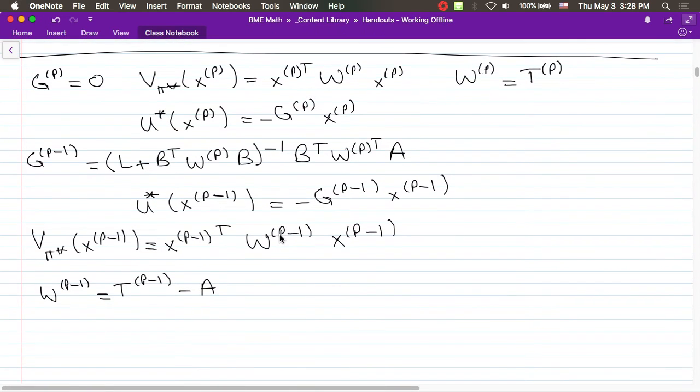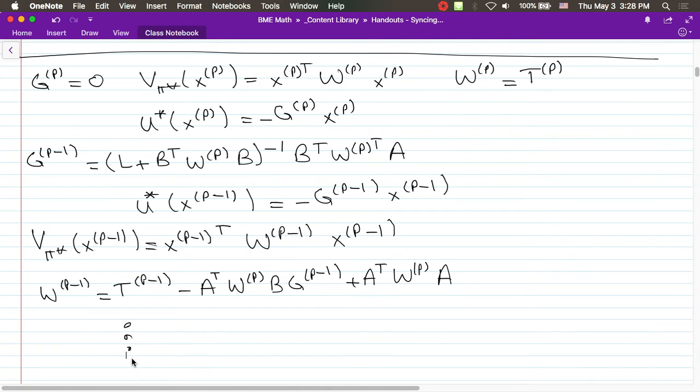I'm just going to rewrite it here: A transpose WP BG P minus 1 plus A transpose WP times A. And so you can just unfold this problem like this to P minus 2, P minus 3.